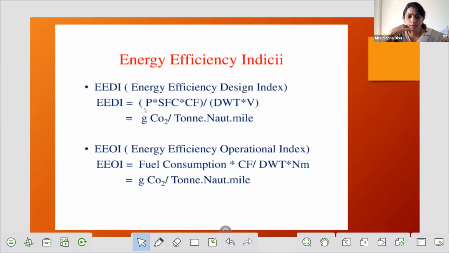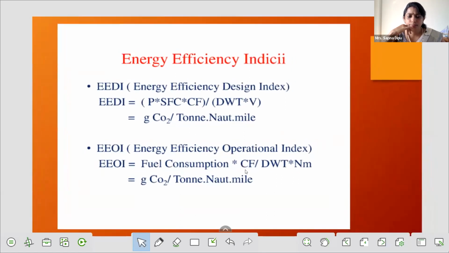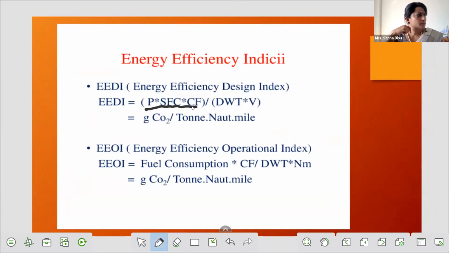Now you can see here, this is the harm it is doing, meaning the carbon dioxide emission. And the benefit it is doing to society is this, the transportation work.